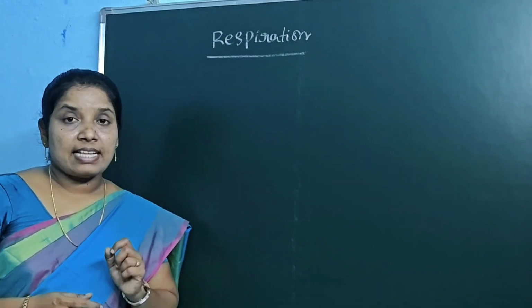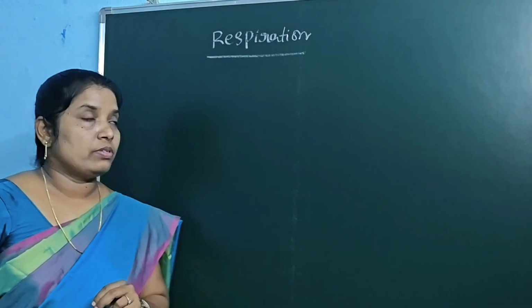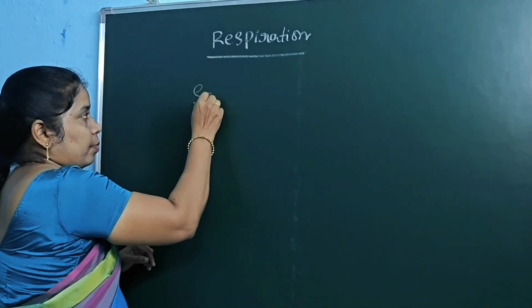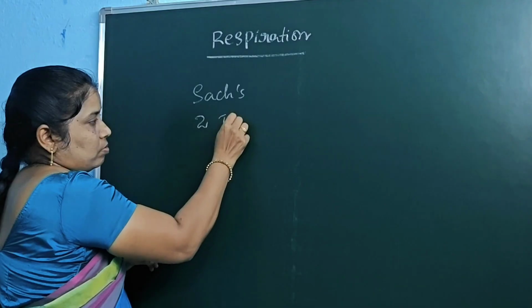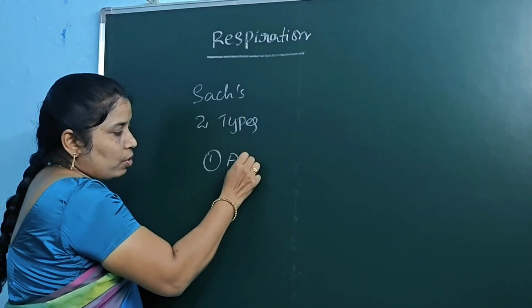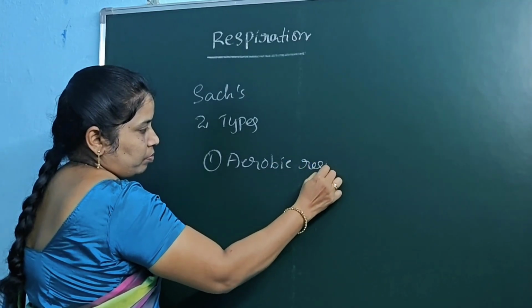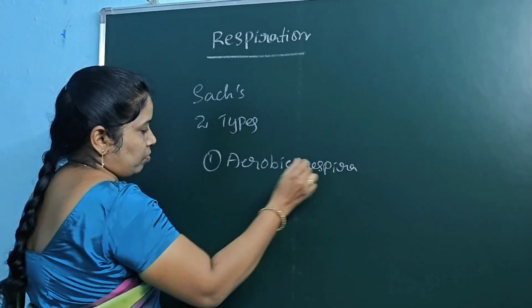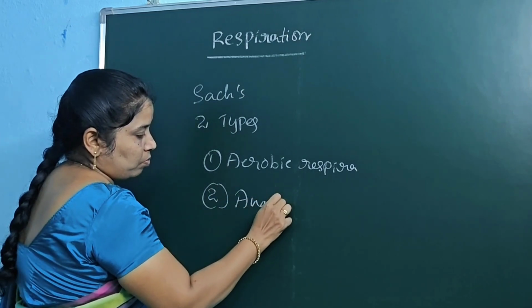The scientist Sachs classified respiration into two types. The first is aerobic respiration, the second is anaerobic respiration.